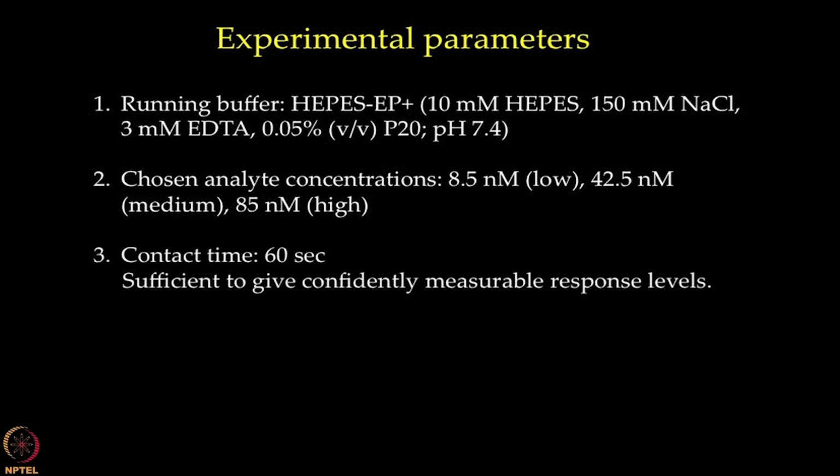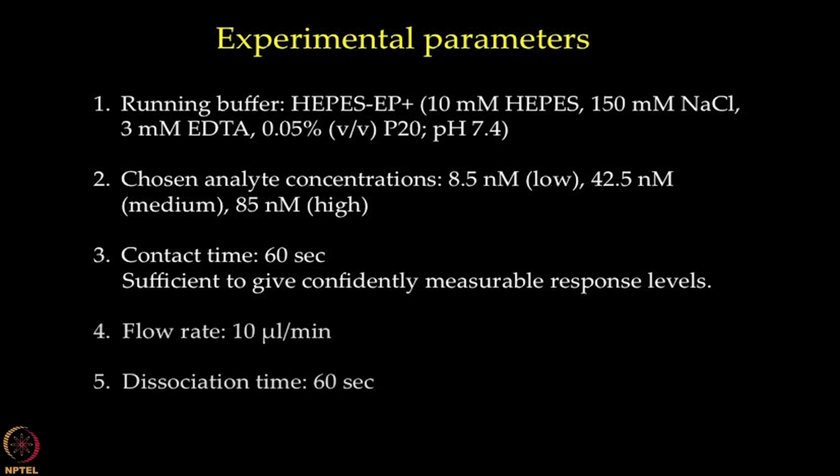Contact times between the sample and the sensor surface should be sufficient to give confidently measurable response levels without compromising screening throughput. Contact times of 1 to 2 minutes are usually sufficient for a binding experiment. Here, we will provide a contact time of 60 seconds at a flow rate of 10 microliter per minute with a dissociation time of 60 seconds.